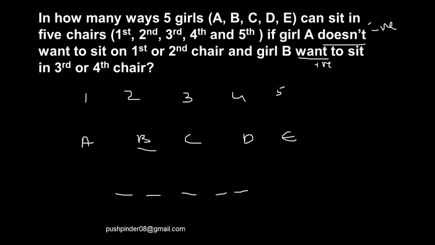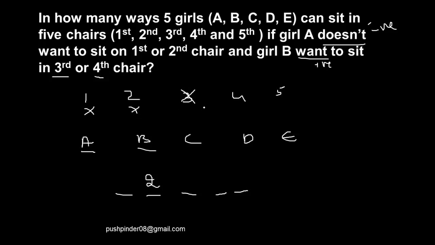Now, how many ways can you make girl B sit? She can sit on the third chair or on the fourth chair, so there are two ways in which girl B can sit. Now let's suppose she sits on the third chair. So the third chair is already gone, right? Girl A does not want to sit on the first or second chair.